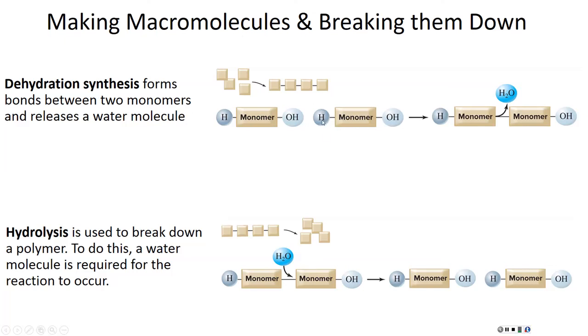So together we're losing H2O, and that's exactly what happens. So between the 2 monomers, they're going to lose a water molecule, and that's going to form a bond between them, okay?